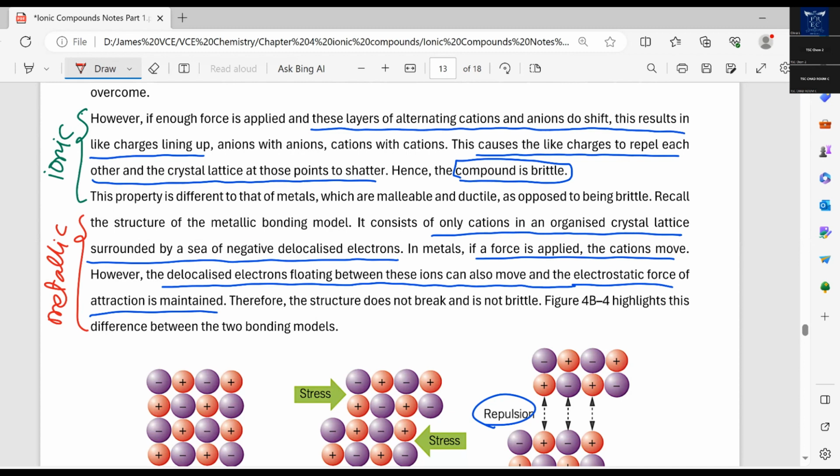Not only should you be able to explain why ionic compounds are brittle, you must also be able to explain why metals are malleable, because normally they combine the information together to give a contrasting structure.